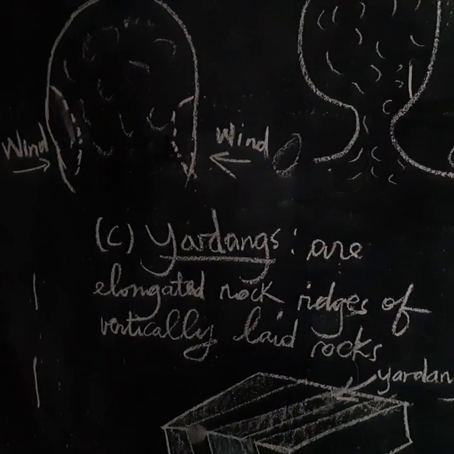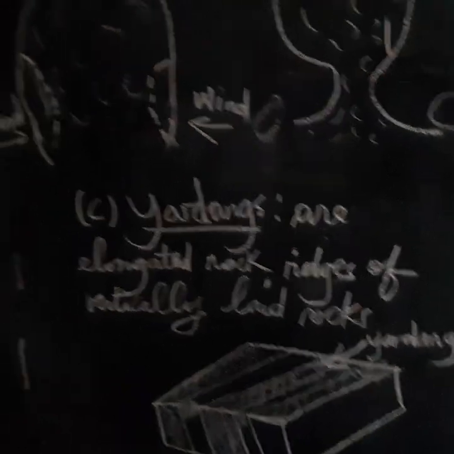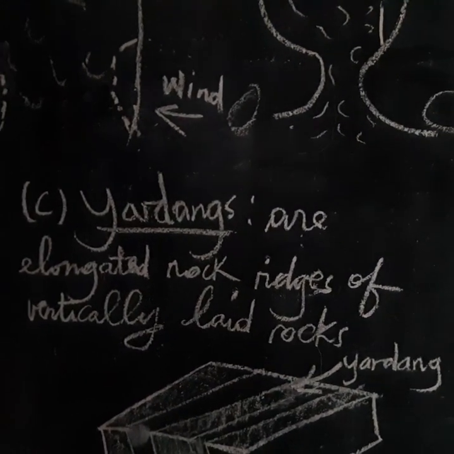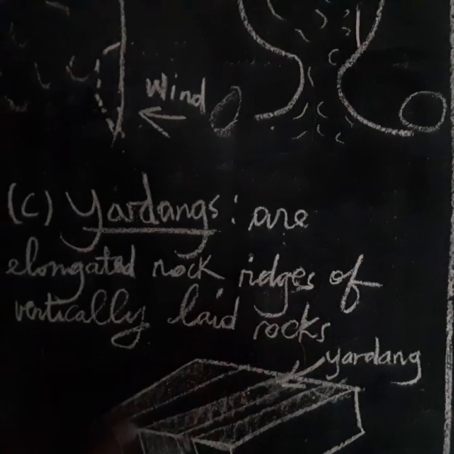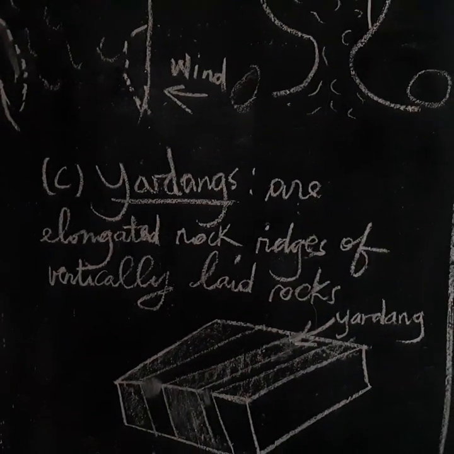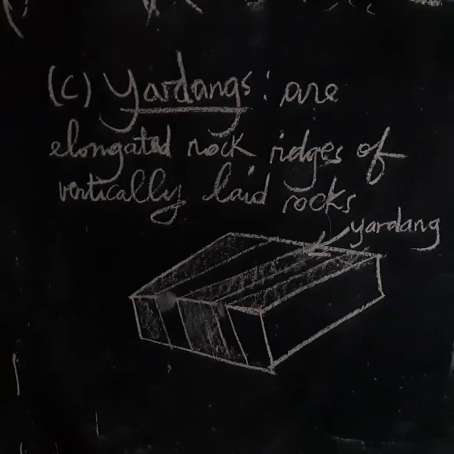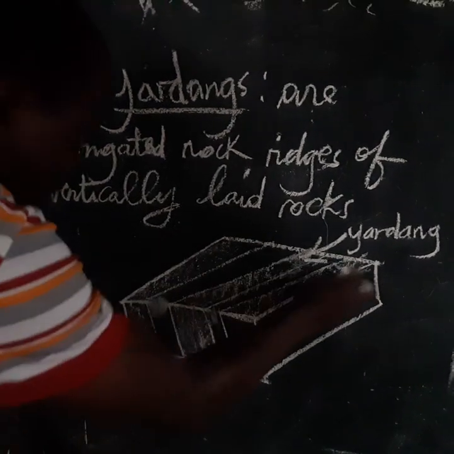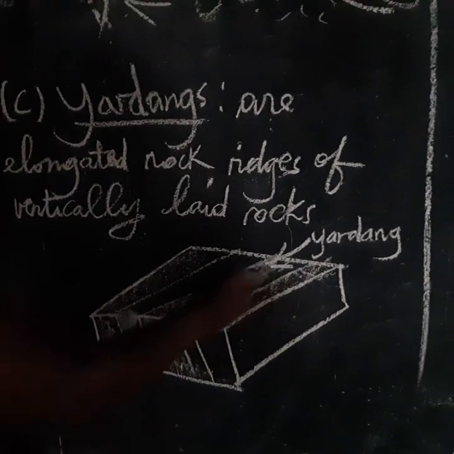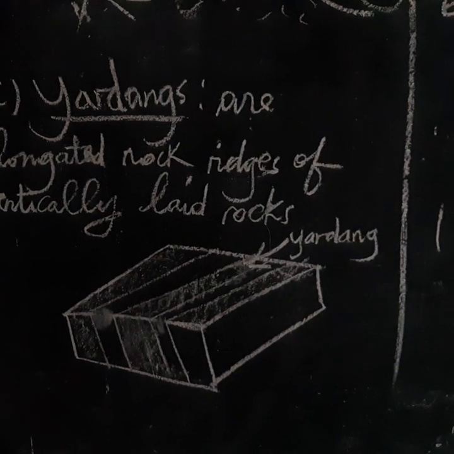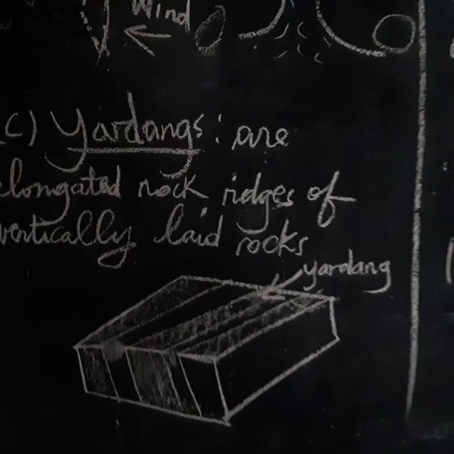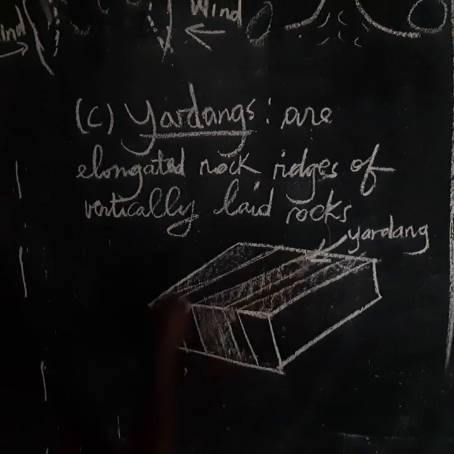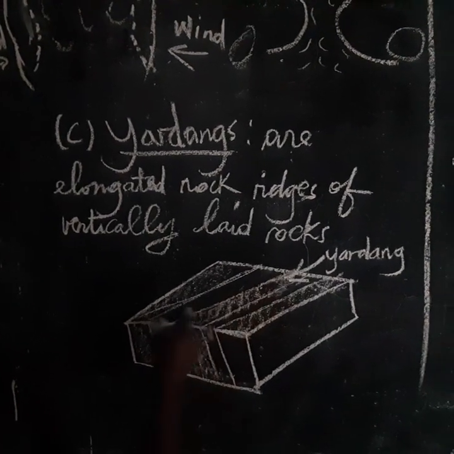Let's go to feature number 3, which is yardangs. Yardangs are elongated rock ridges of vertically running rock. We have a surface affected by weathering of rock. When the rock is weathered, the soft one will be removed.